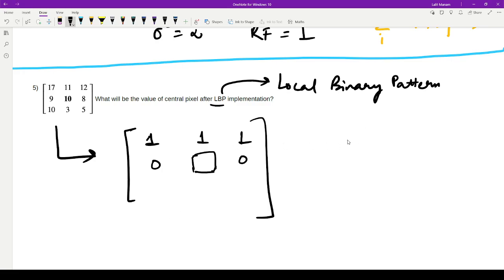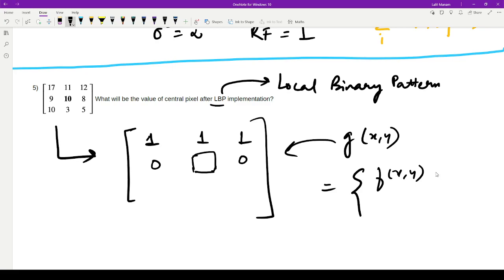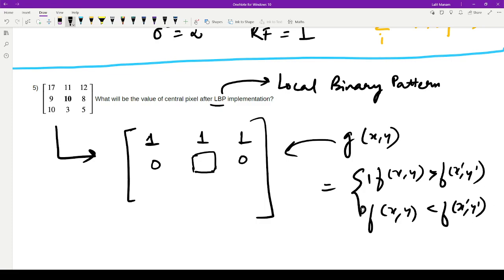Anyone? So this is the new matrix that we get. So our condition was like this. We did not include equality. So this is 1 and this is 0.